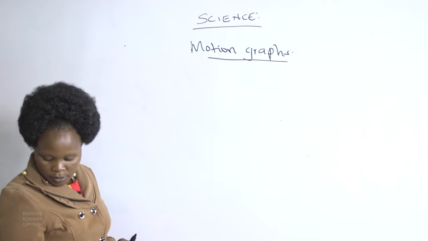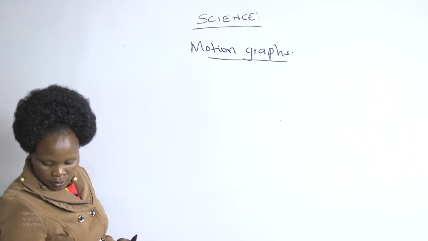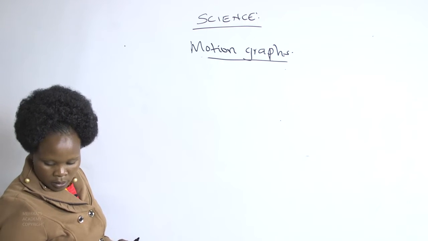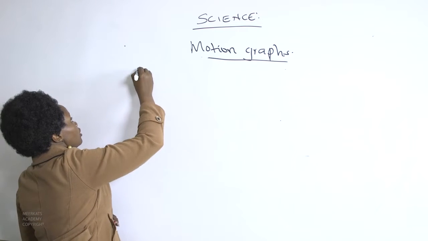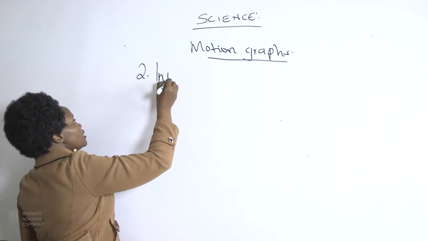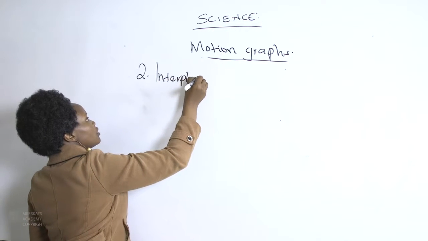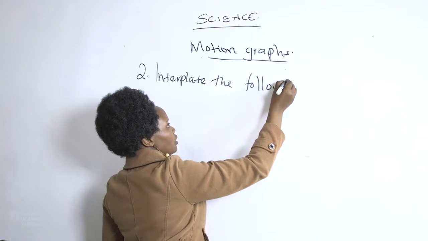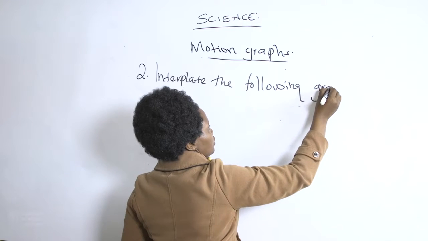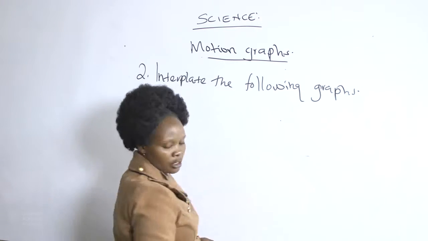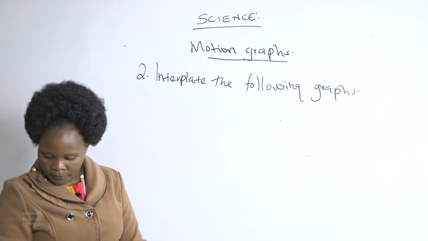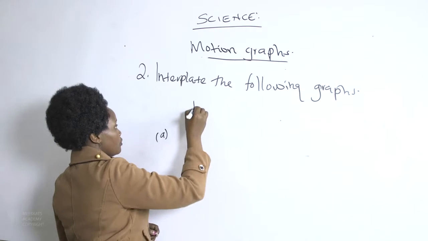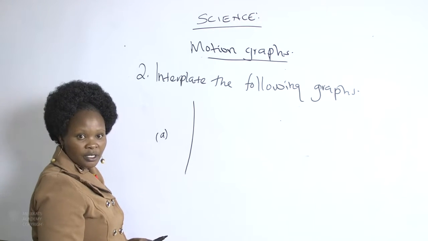Now we look at question number 2. On this question, example 2, we are supposed to interpret the following graphs.